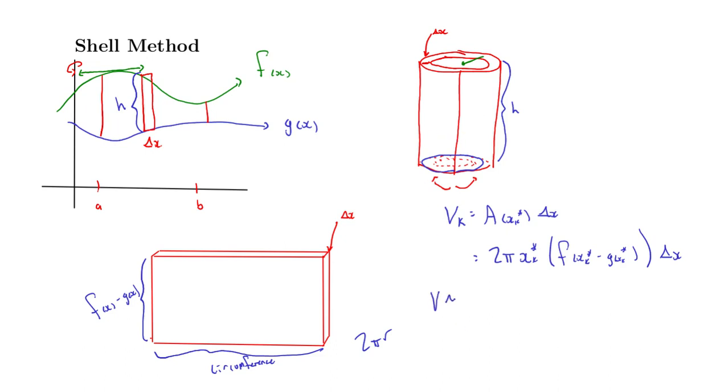Now, we can say the total volume of whatever region we're looking at is approximated by the sum of these. So 2 pi x sub k star times f of x sub k star minus g of x sub k star delta x. And then we can apply a limit.